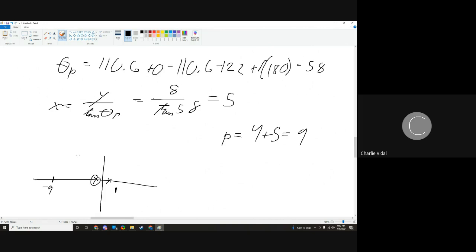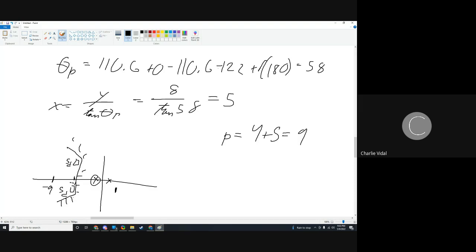And the S desired, SD, is over here. And this is at -4.